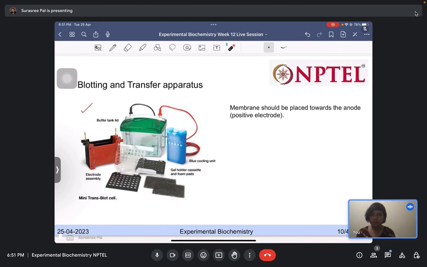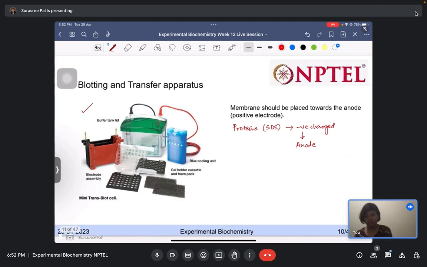So I told you that this is an electrode transfer method, where the proteins are negatively charged. If you remember, proteins are charged with SDS, which is why they are negatively charged, and these negatively charged proteins will move towards the anode, which is the positive electrode.